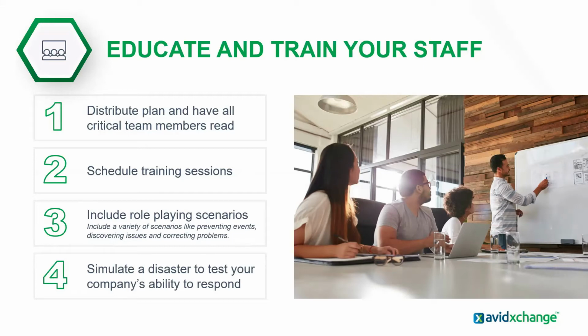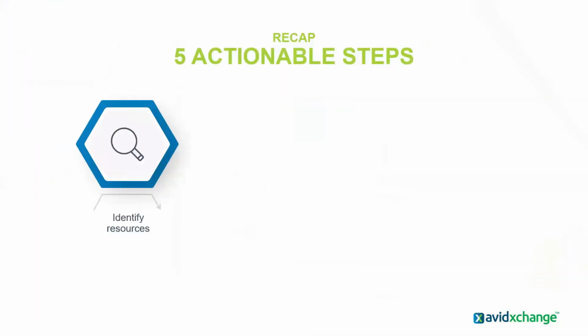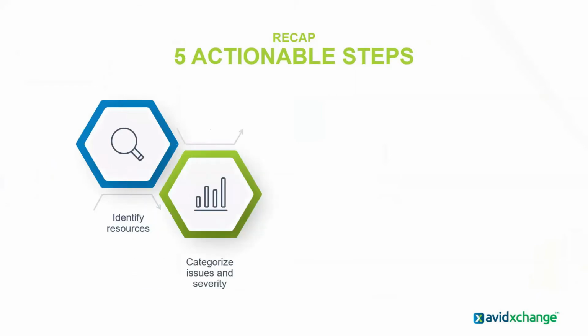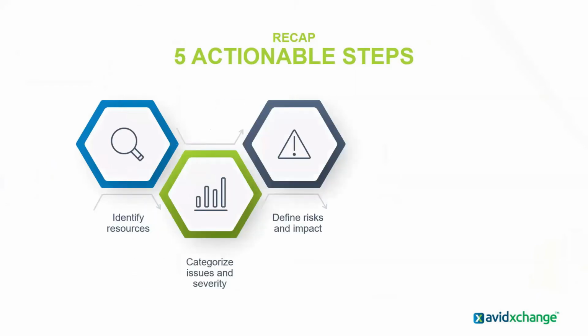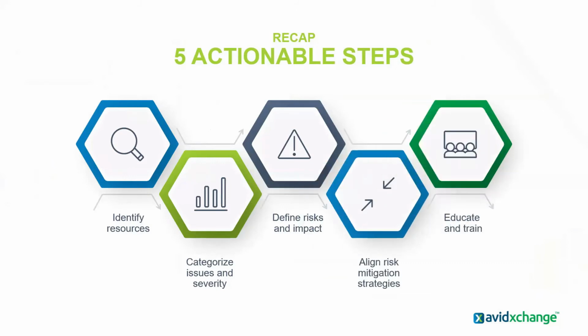You want to make sure that you at least put your plan to the test, even if you're just simulating the disaster, to make sure that you can execute across the business on your plan. So again, a recap of those actionable steps: identify the resources, categorize issues and severity, define the risks and impact to the business, align your risk mitigation strategies, and then educate and train and run tests.